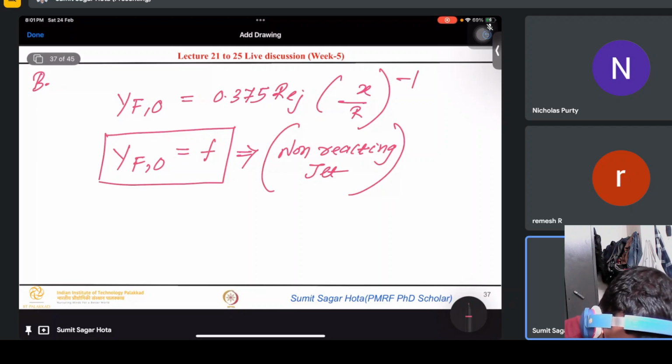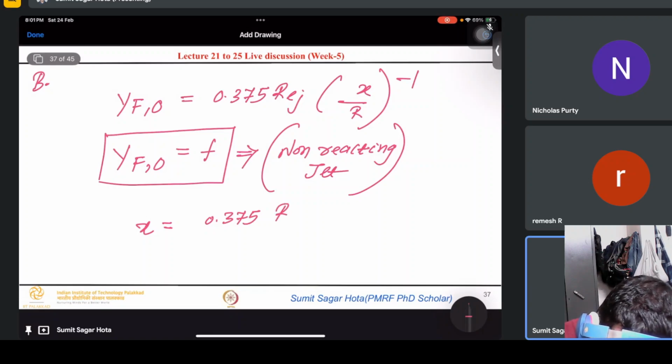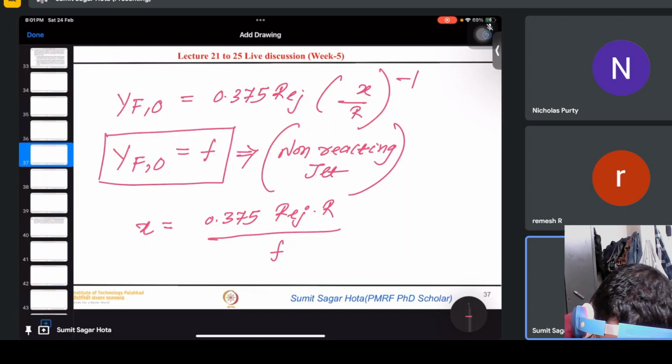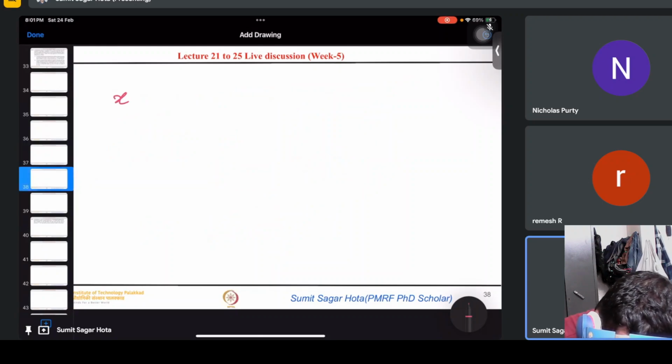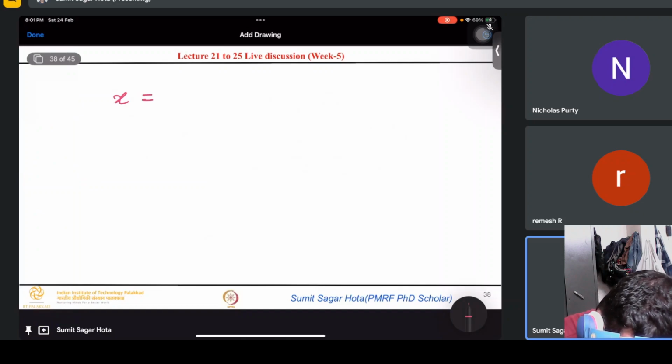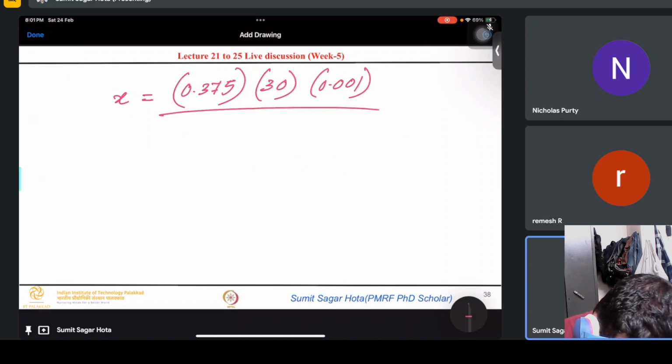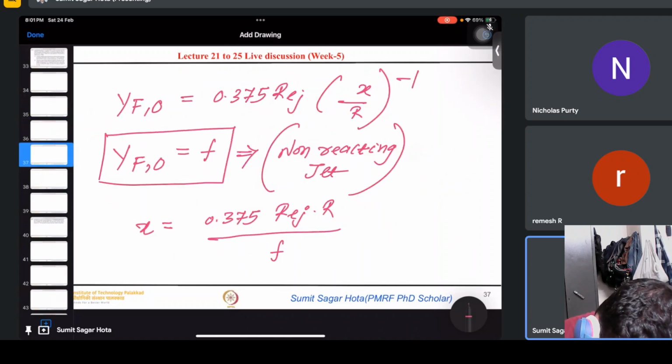We already have the small f value, so just find x. x equals 0.375 times Reynolds number of the jet, times small r, which is 1 mm, that is 0.001, divided by small f, which is already given, 0.0196.